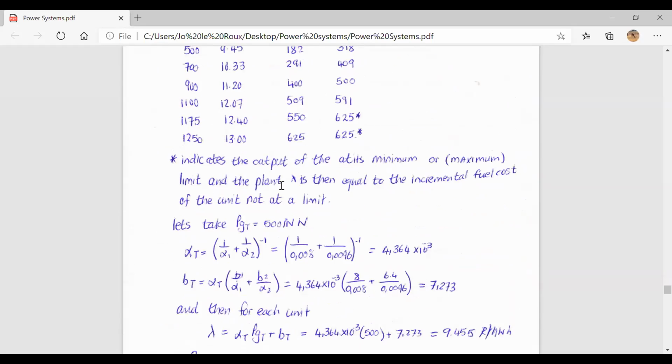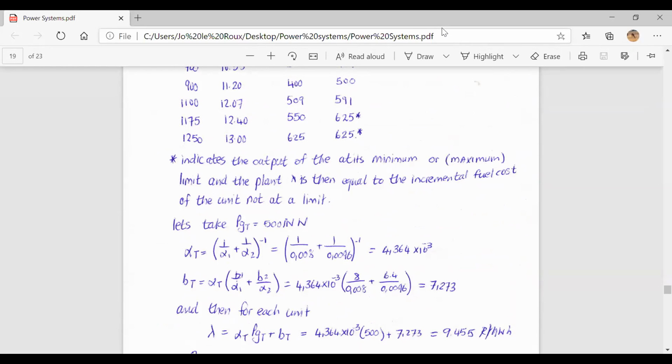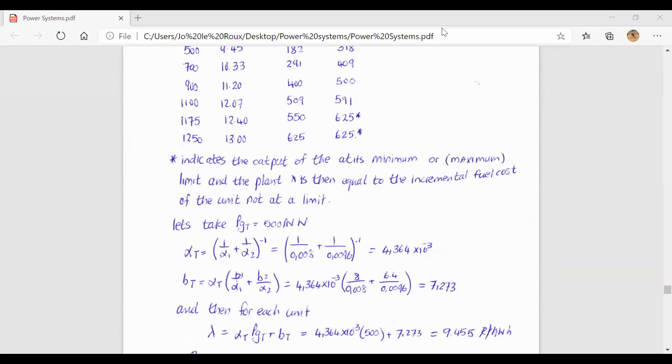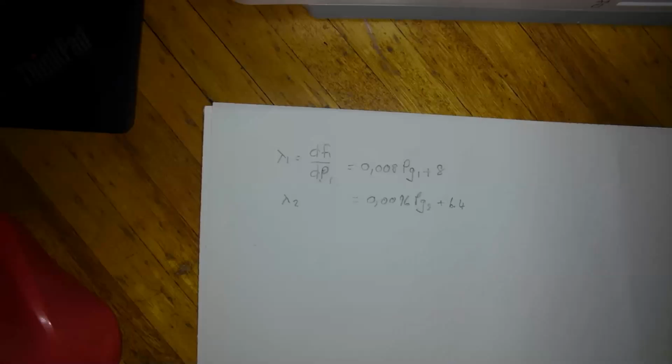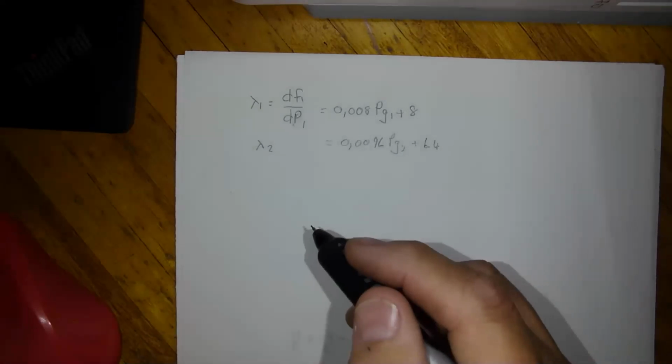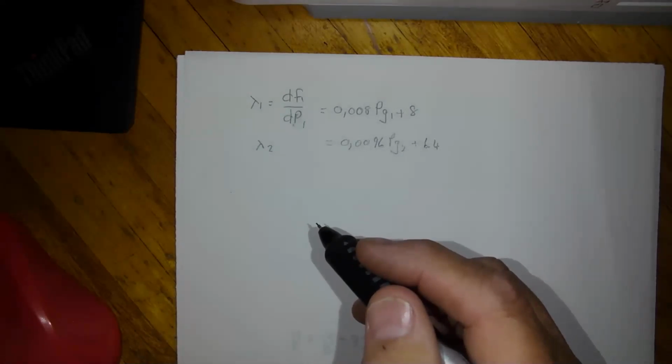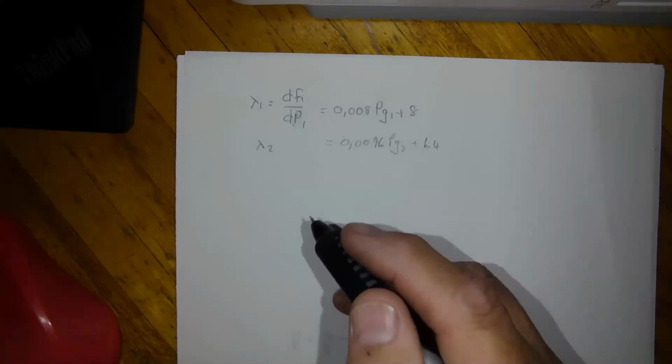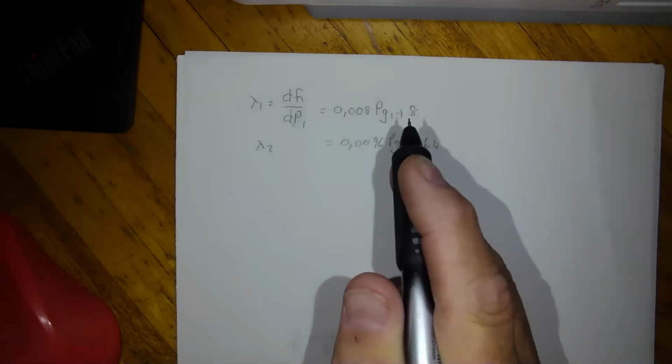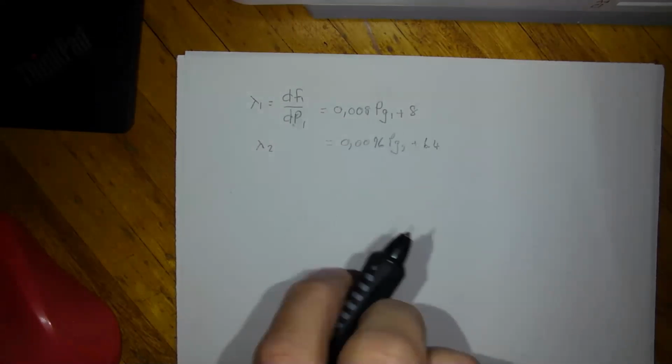And now let's take the load to be 500 megawatt. So now we have to determine PG1 and PG2.